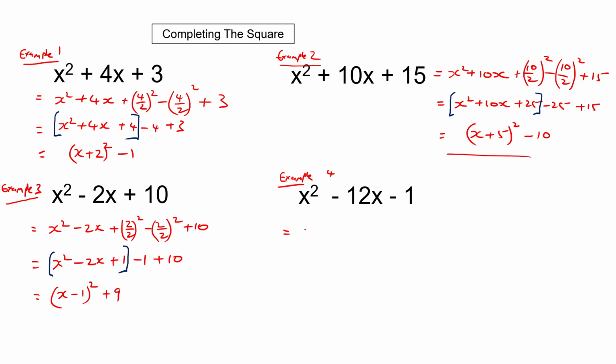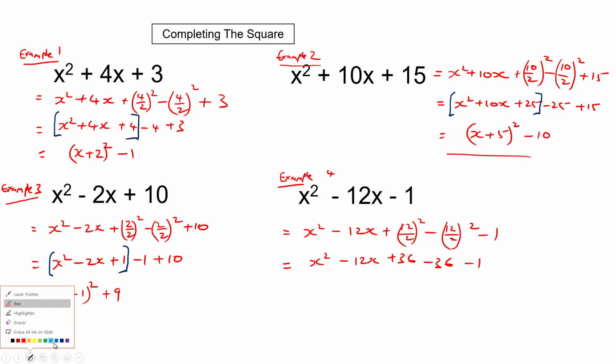And we've got x squared minus 12x. Then we take the 12, just the 12, and we halve it, 12 over 2 squared minus 12 over 2 squared minus 1. So that gives us x squared minus 12x, 6 squared, so plus 36 minus 36 minus 1.